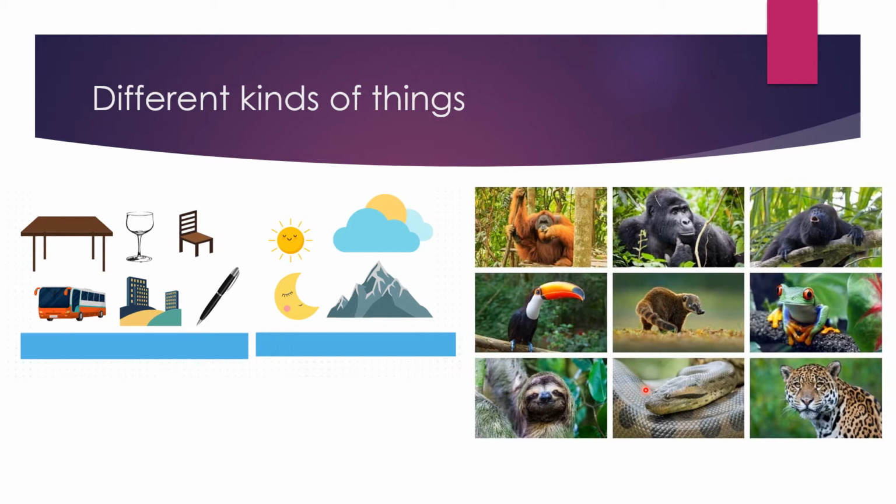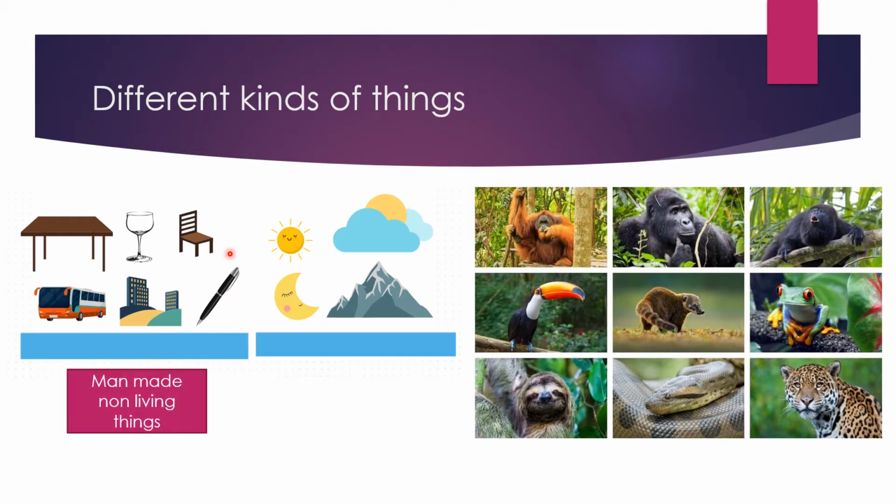Broadly, we can divide or separate the things: this one is the non-living things, that means they have no life, and this one are the living things. But here, non-living things are divided into two categories. First one is the man-made.